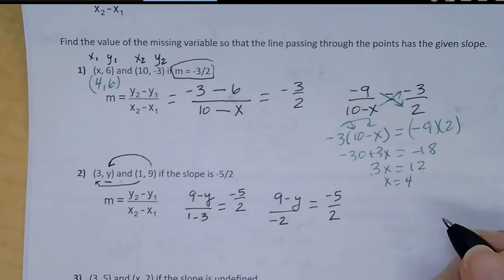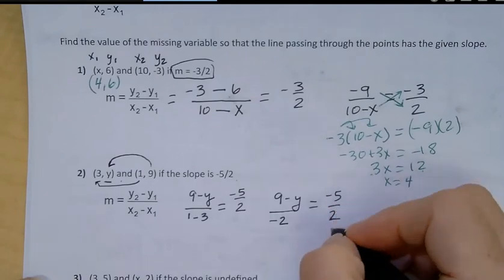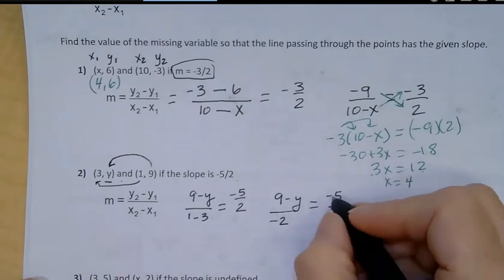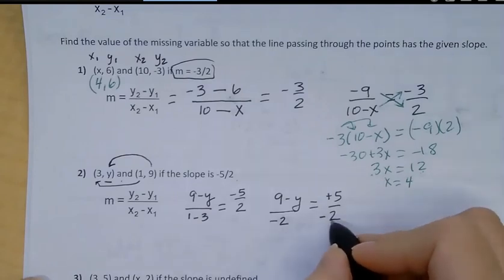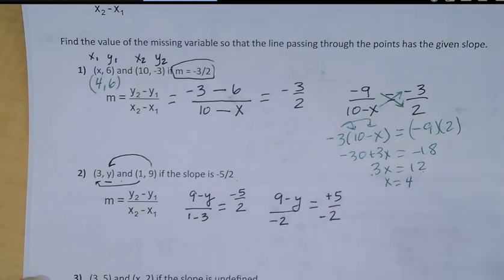Okay, let's think about this one. I can cross multiply if I want to, but I'm not going to because I know that negative 5 over 2 is equal to 5 over negative 2. So this is a way to solve this problem. My denominators are the same, so my numerators must be equivalent as well.